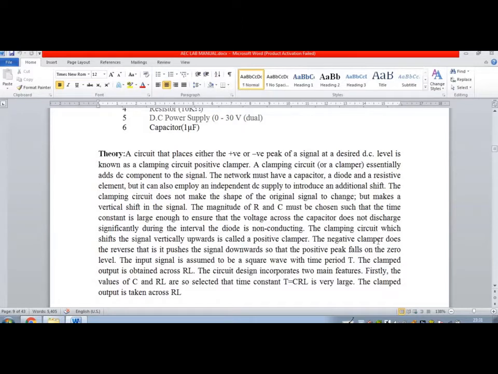A clamper is a circuit which clamps or shifts the waveform to a desired DC level. If the waveform is shifted above the positive region of the reference line, then the circuit is called positive clamper circuit.